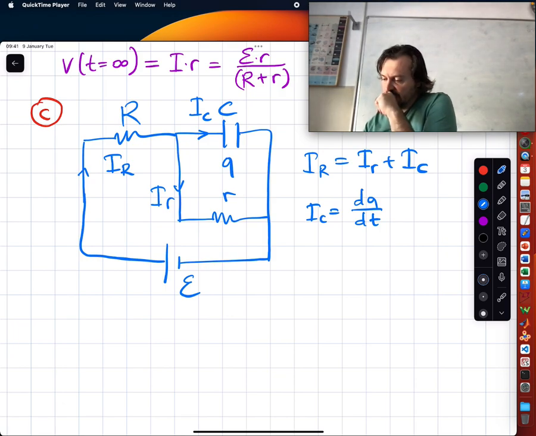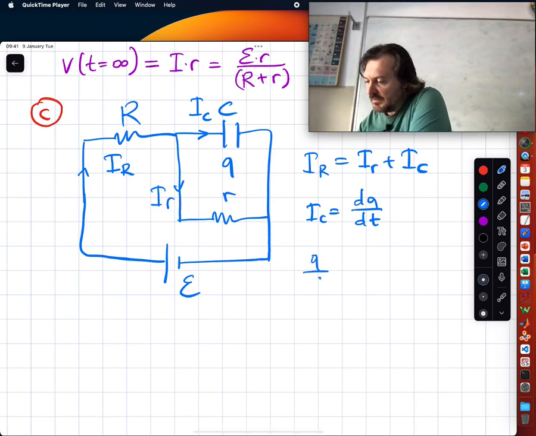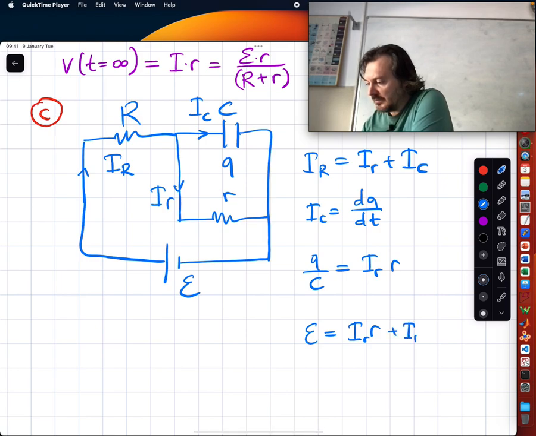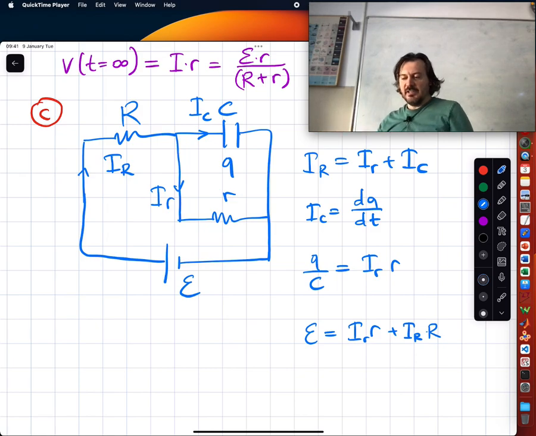C is equal to Q over V. And Q over C is equal to IR times small r. Do you agree with that? And finally, E is IR times small r plus I times big R. I didn't do it in the Kirchhoff's way, but you get it, right?